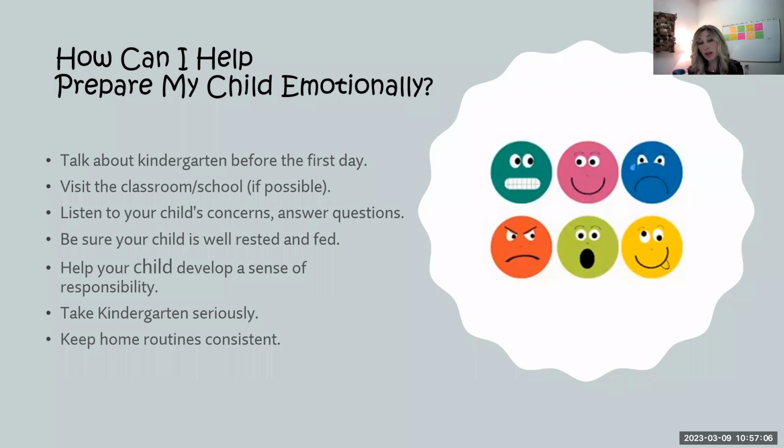Can they flush the toilet on their own? Are they able to get dressed again, like take their clothes off and get dressed, so that after they go to the bathroom, they know how to zip their pants or buckle their pants or snap their pants, washing hands appropriately. All of these things you can do at home over the summer to prepare your child for independence so that they are responsible for doing this on their own.